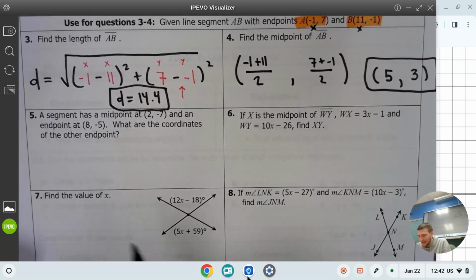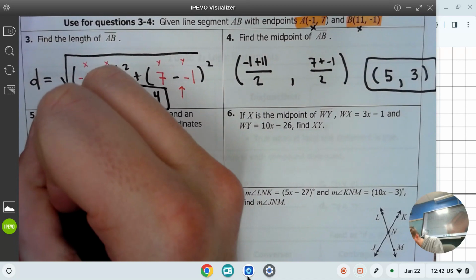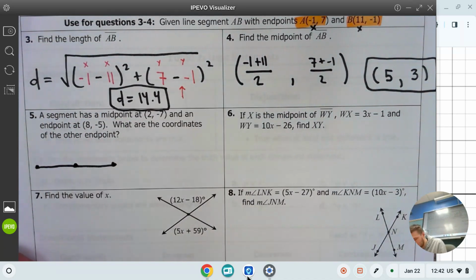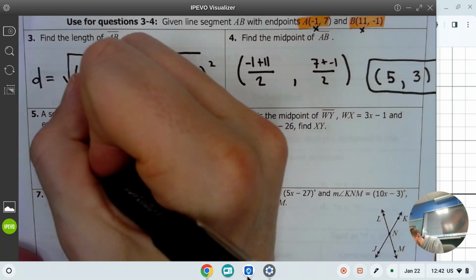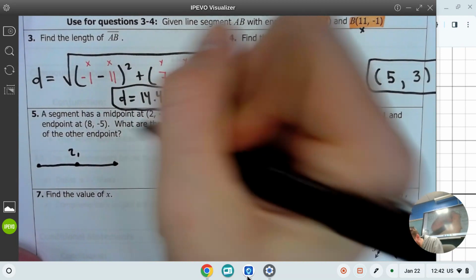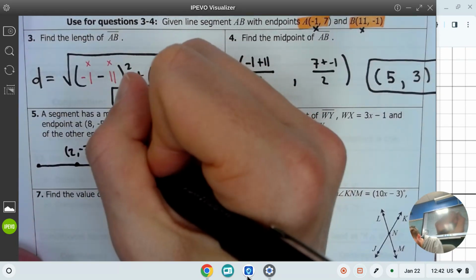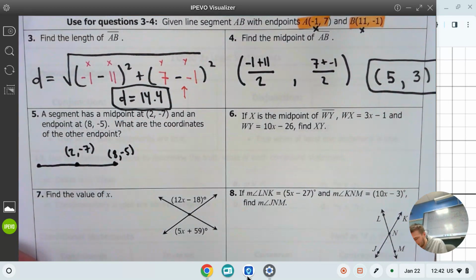This segment has a midpoint and an endpoint. So for this one, we're working with a line. Honestly, we were horrible at this when we learned it in the beginning of the year. The midpoint is 2, -7, and the endpoint is 8, -5.